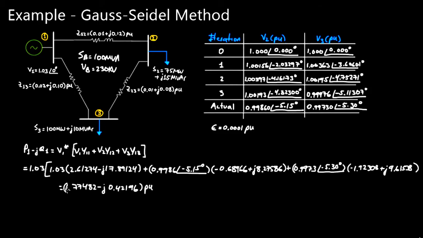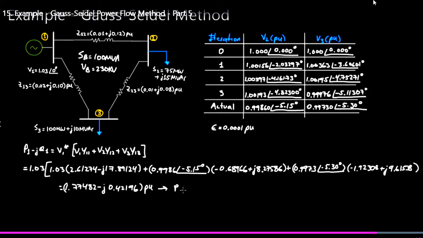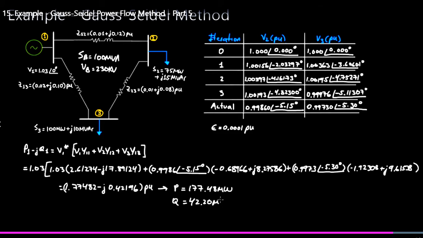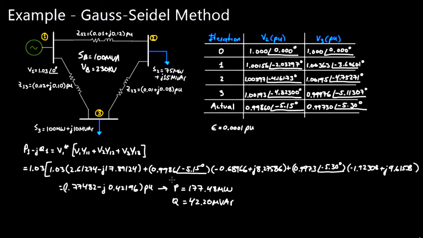And so converting this to megawatts and megavolt amperes, remember that our base in this example is 100 MVA. So we get that the power is 177.48 megawatts, the real power rather, and the reactive power is 42.20 megavolt ampere reactive.